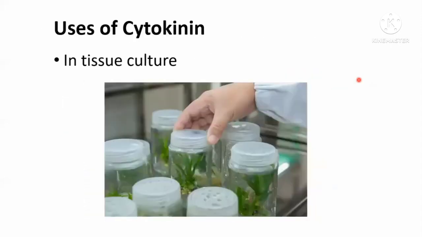Okay. With that, let's move on to the uses of cytokinin. Here, we are using cytokinin in tissue culture. I discussed this in the auxin video as well. In tissue culture, we take a small part of a plant, let's say a piece of leaf, and convert it into a callus, and from the callus we obtain a shoot system and a root system.